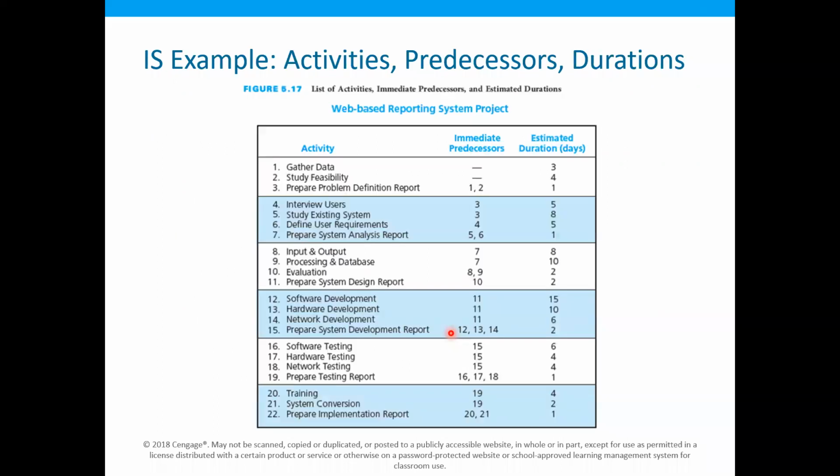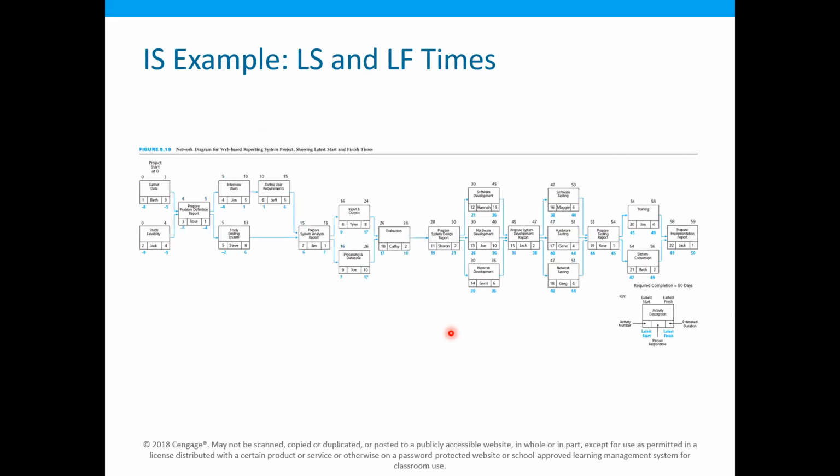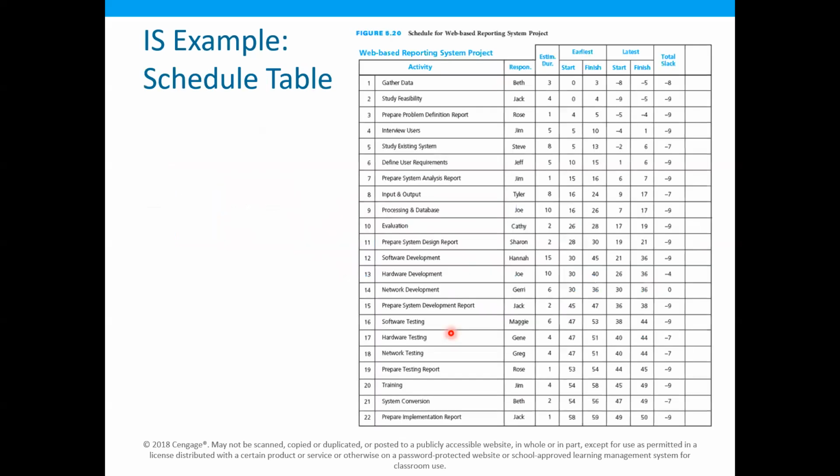This was the data for that project. Maybe you can use this data in your project scheduling software, Microsoft Project, and develop the schedule and see how it looks. This is the completed schedule for the information system project.